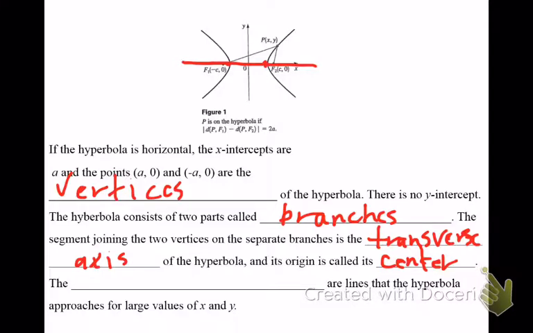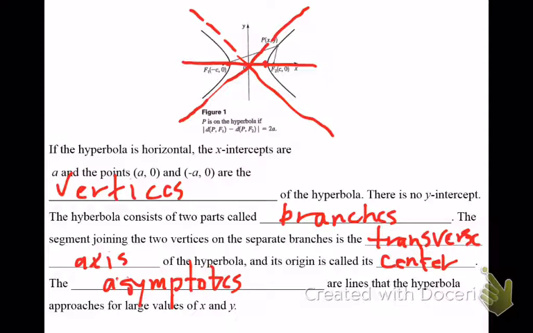And then we have asymptotes. The asymptotes are lines that the hyperbola approaches for large values of x and y. So your asymptotes are going to look something like this. These lines, and we'll learn how to draw those in.